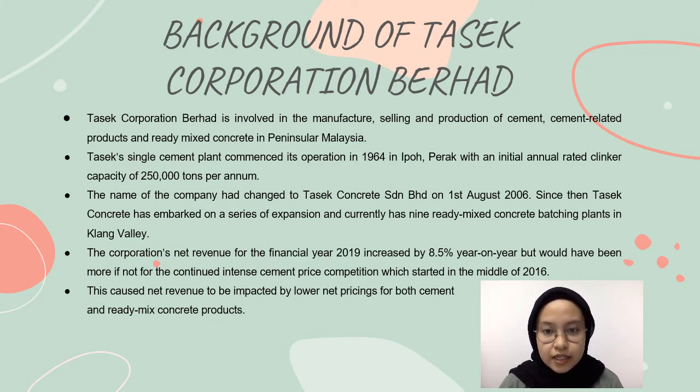The corporation net revenue for the financial year 2019 increased by 8.5% year-on-year, but would have been more if not for the continued intense cement price competition which started in the middle of 2016. This caused net revenue to be impacted by lower net pricing for both cement and ready-mix concrete products.